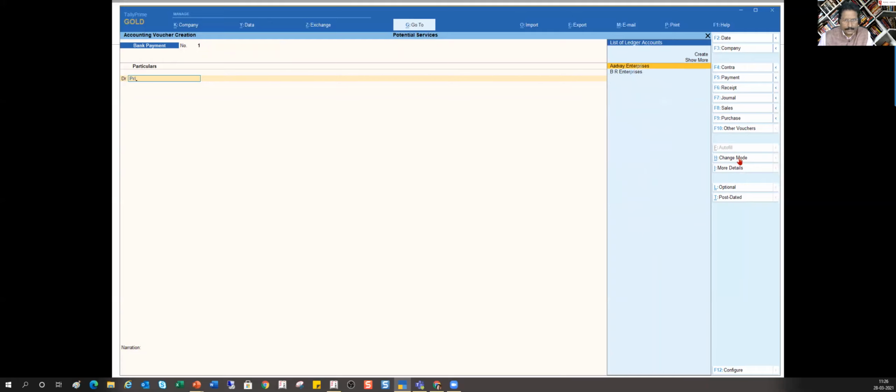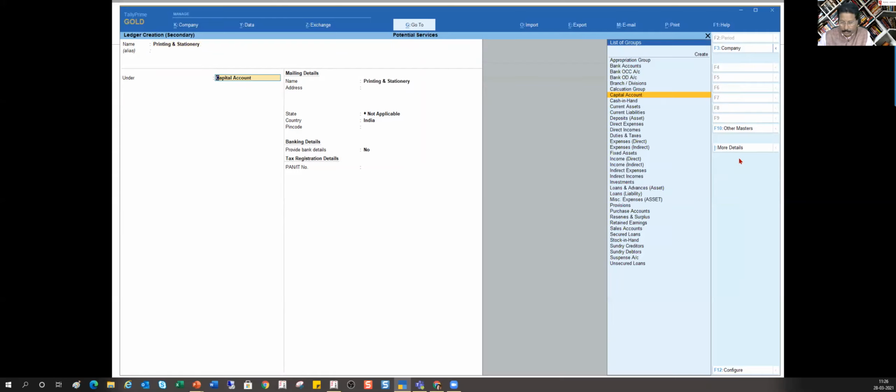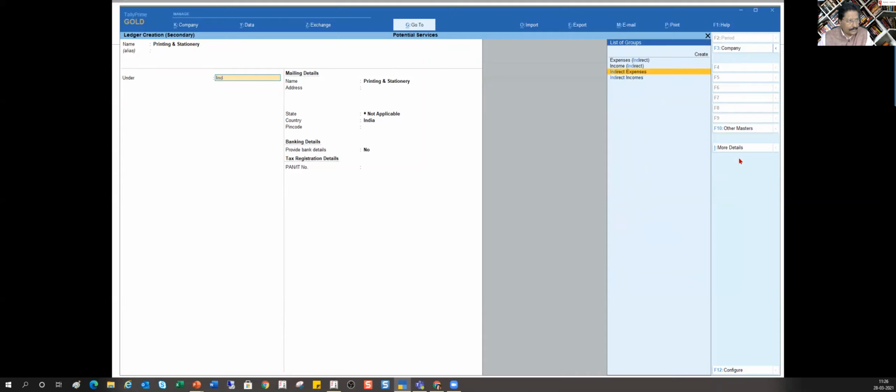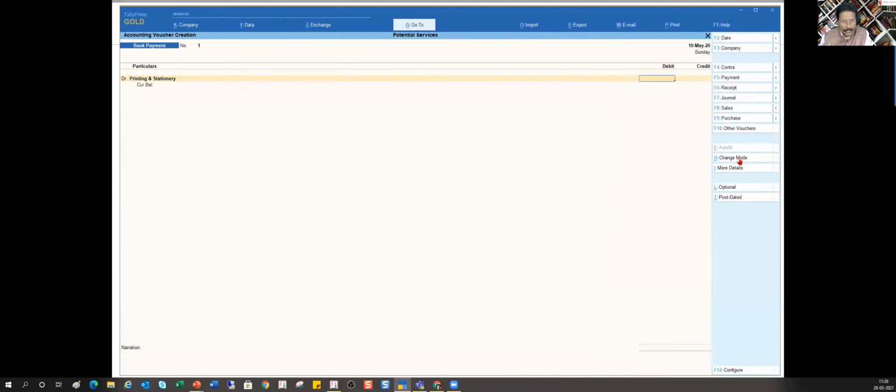Now, if the ledger is not there, we know that it is very simple to create on the fly. I press Alt C, then I say printing and stationery, right? This is going to be part of my indirect expenses, so nothing else needs to be done. I'm going to press Control A and say 2000, and credit.